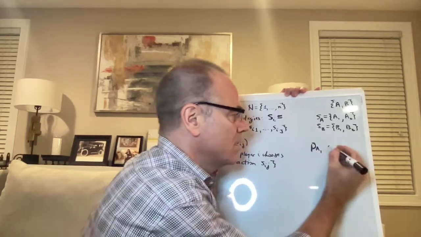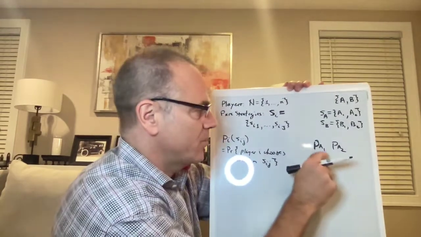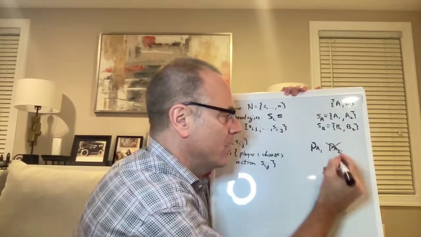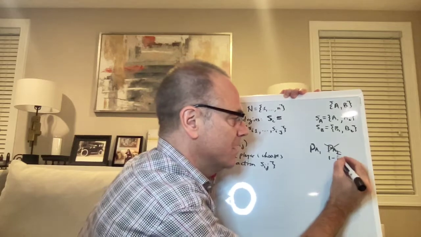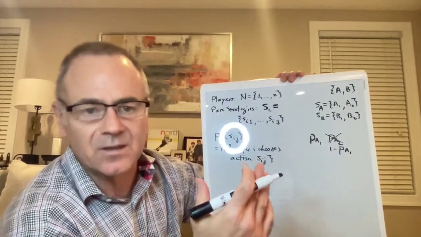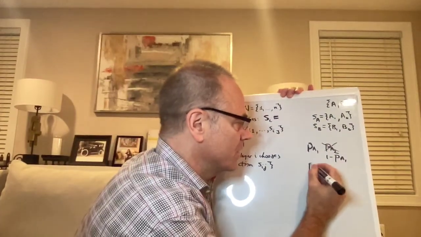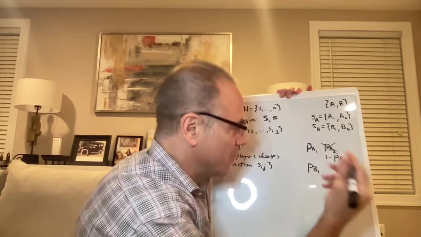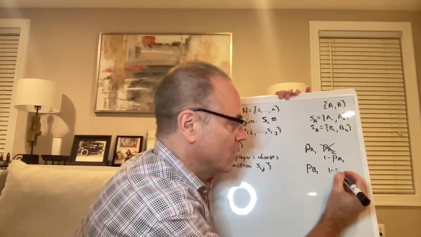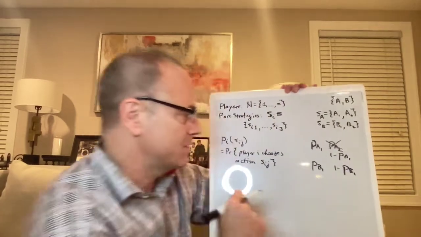PA1 and PA2. So that's for player A, but we can get rid of PA2. That's just 1 minus PA1. There's only two possible actions, so the second one's got to be 1 minus the first one, and then player B can play B1 or B2, which is 1 minus PB1.